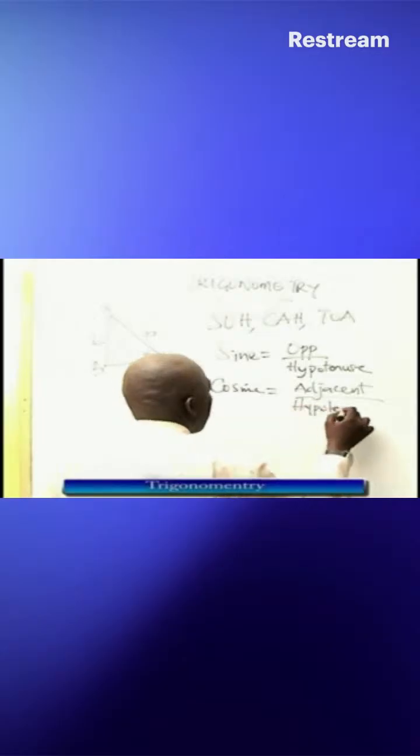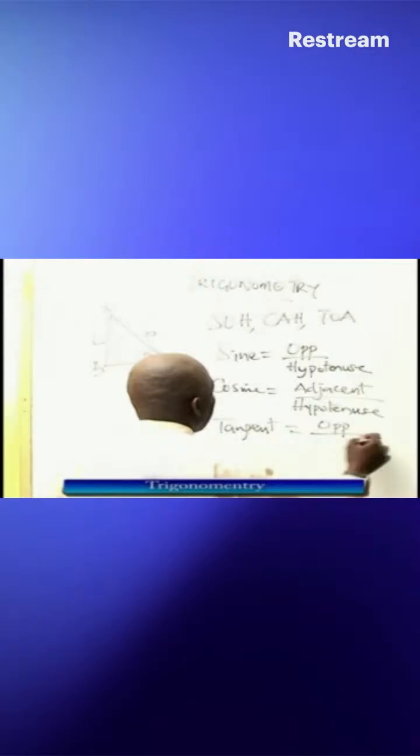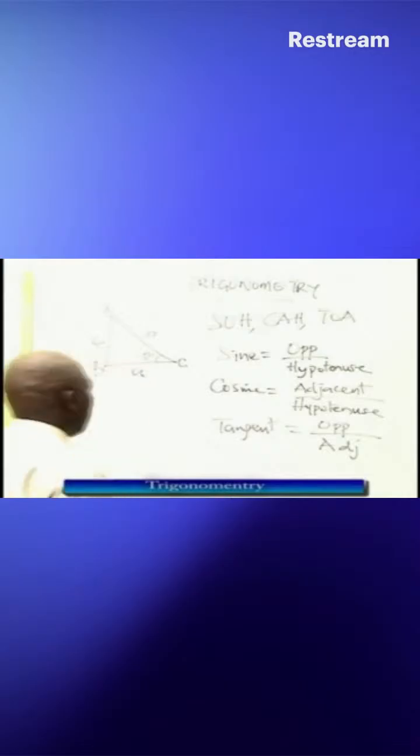Again, we have tangent equals opposite over adjacent. So when you are faced with a situation where you have only one side and only one angle, depending on the side that you are looking for, you will apply this SOH CAH TOA accordingly.